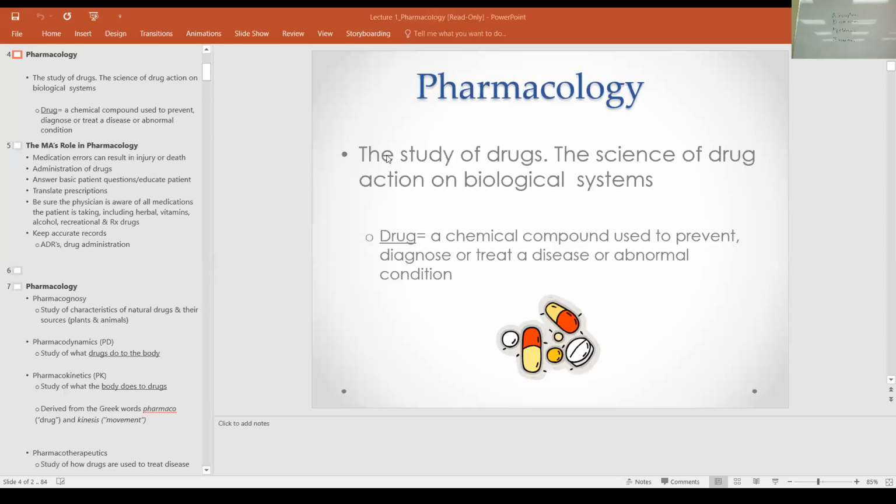Other drugs may be more likely to be stored in fatty material in the body, in adipose tissue, and other places where there naturally is a higher level of lipid. And so the drugs will be sequestered there, stored there.